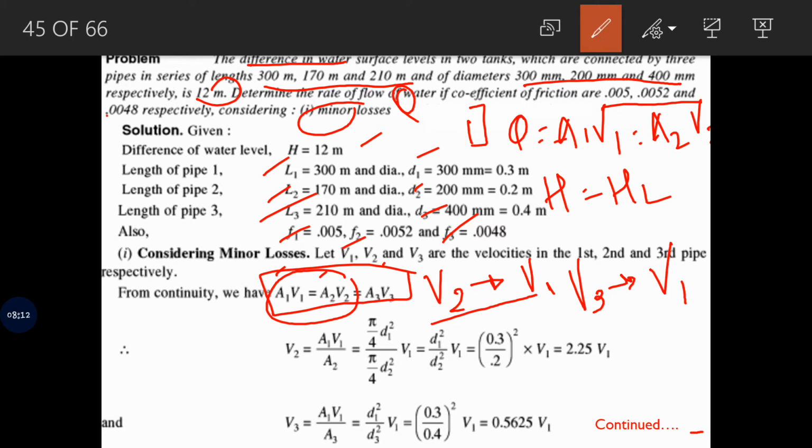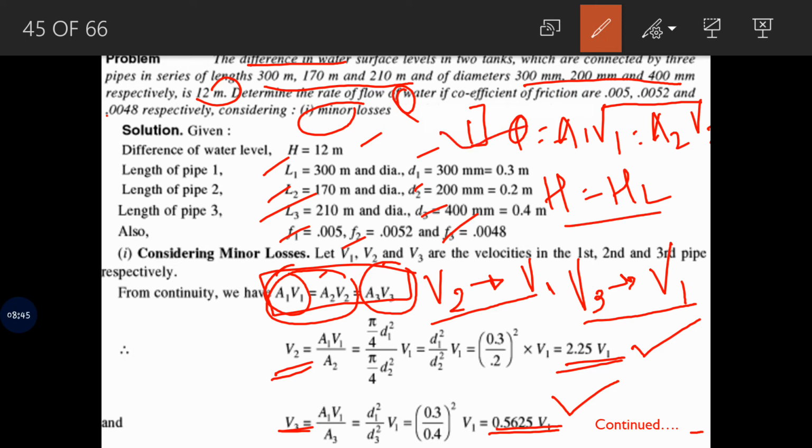Then if I write the equation A1 V1 is equal to A3 V3, A1 is known, A3 is known, I'll get the relation between V3 and V1. The same is done over here. So V2 is written in the form of V1 and V3 is calculated in the form of V1. With the help of the first equation we have found this.